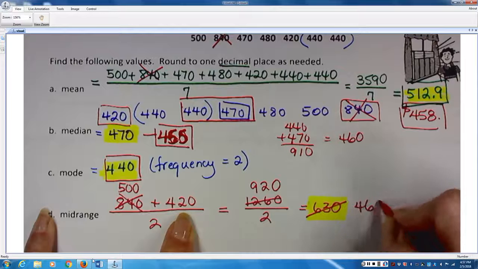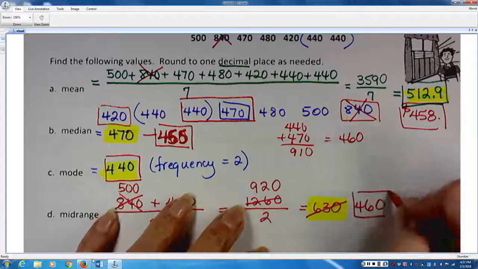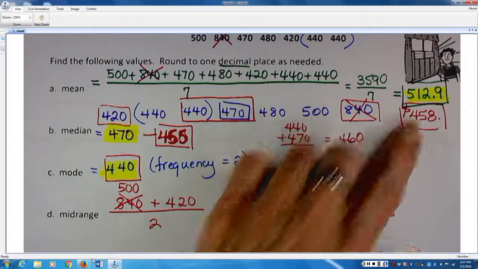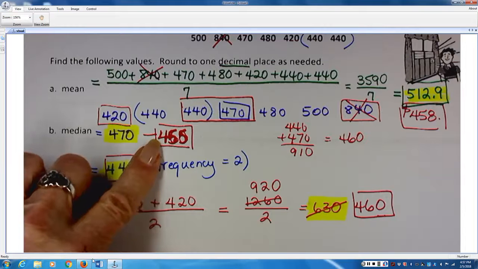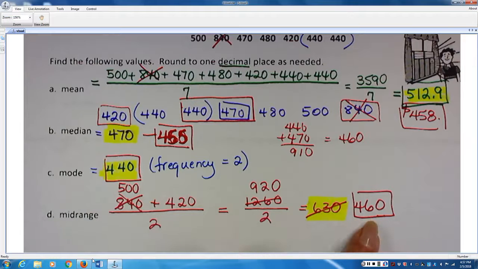This is the one that's 460, because half of 920 is 460. So if I leave out the outlier, the mean drops to 458. The median drops to 455. The mode drops to, well, it didn't drop to anything. It stayed the same. And the mid-range, as lousy a measure as it was, now is a lot more ballpark with what the best measure of center is, which is around 455, 460.